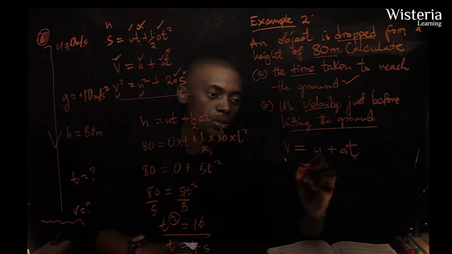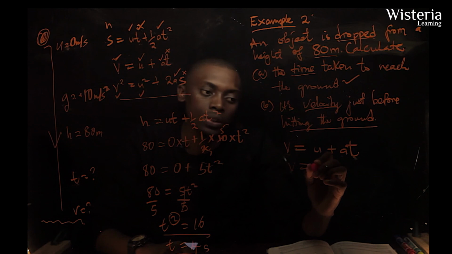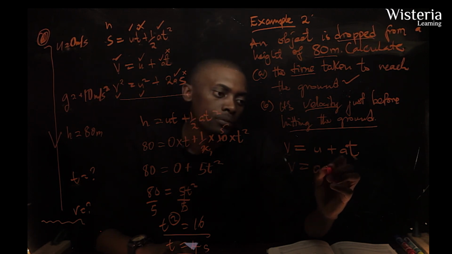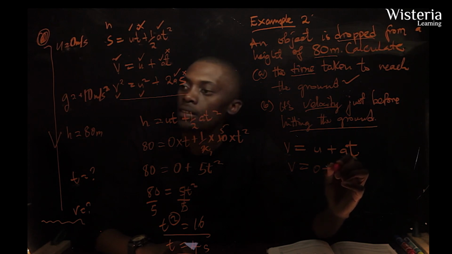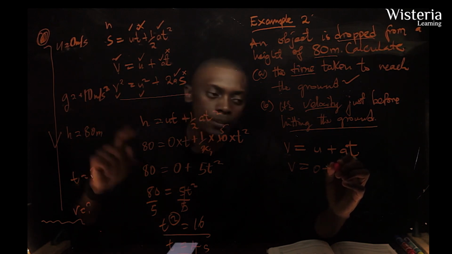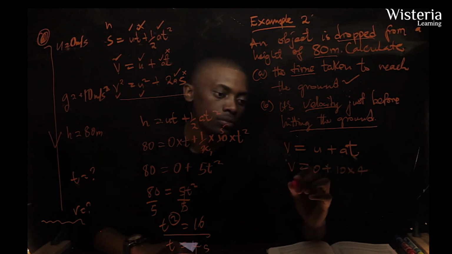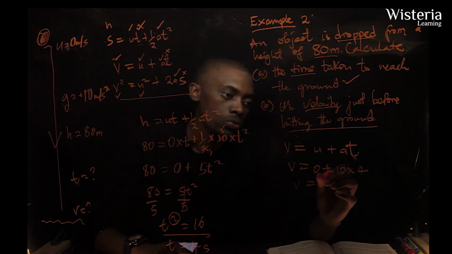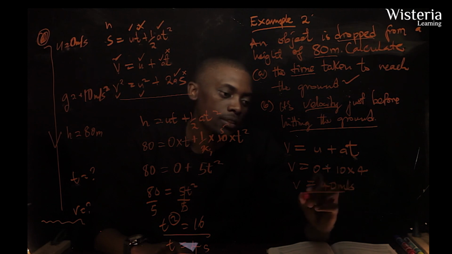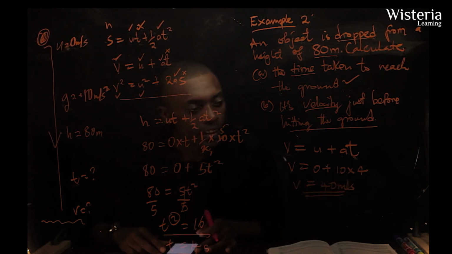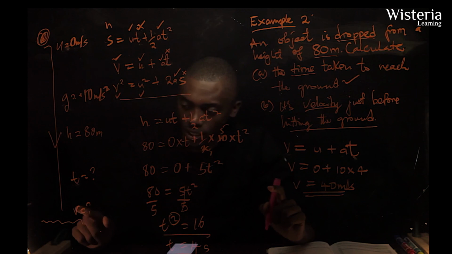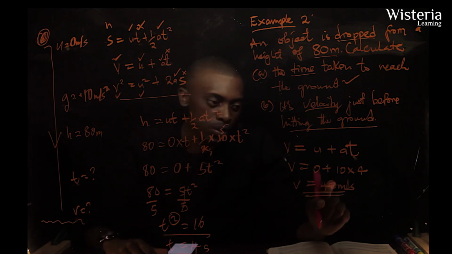So we just substitute. Our initial velocity is 0, our acceleration is positive 10, and our time is 4. Therefore this will give us 40 meters per second, meaning that the velocity just before touching the ground for this object was actually 40 meters per second.